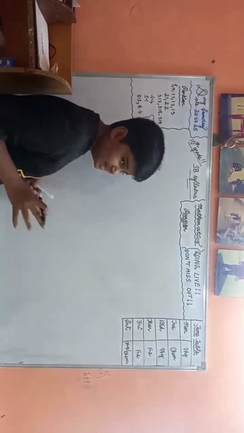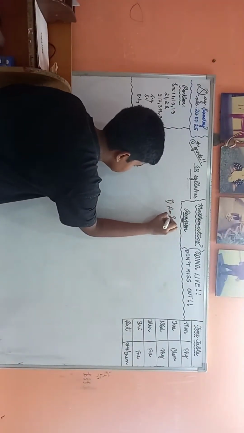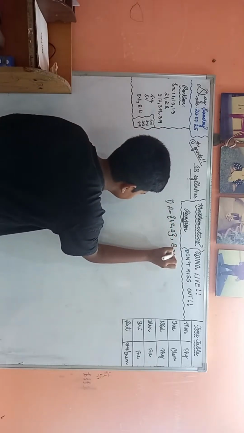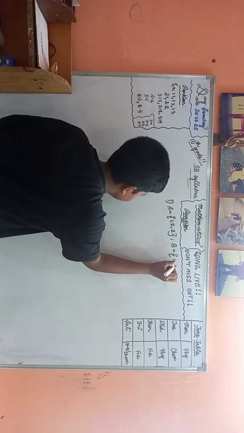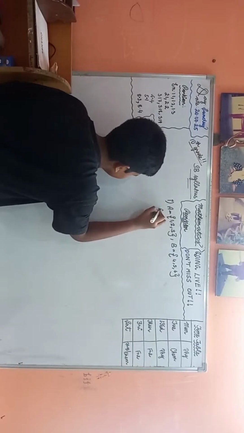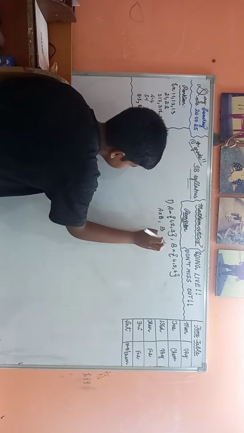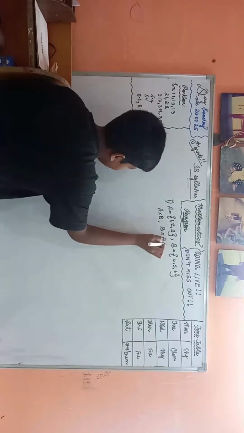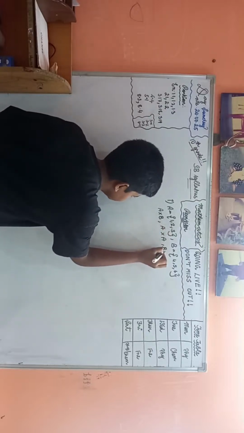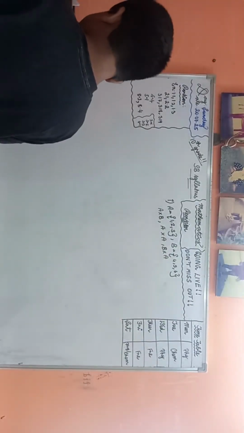I'm just going to give you an example. Imagine they gave A as 1, 2, 3 and B as 4, 5, 6. If they ask us to find A into B and B into A, that's what they have asked, isn't it?